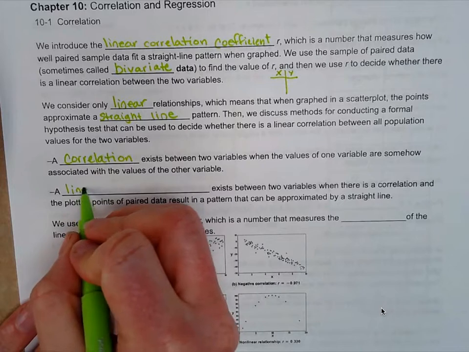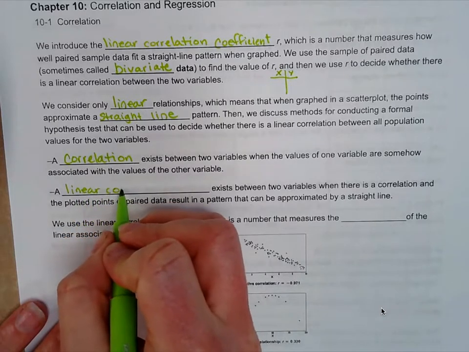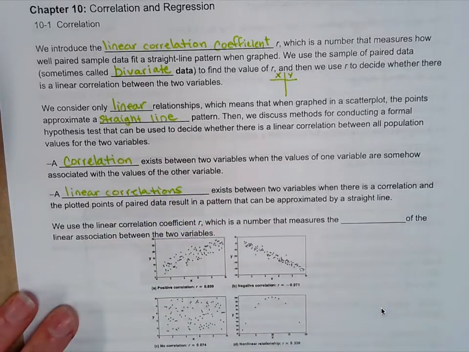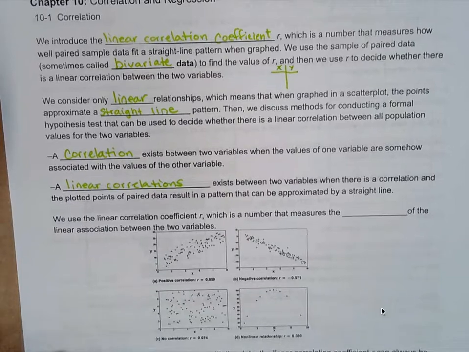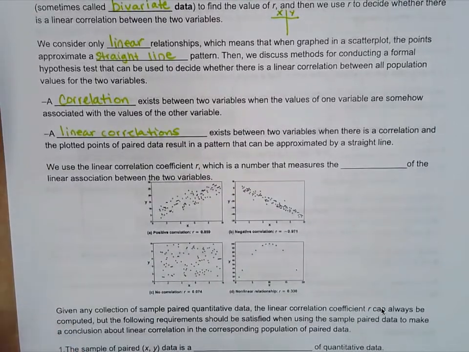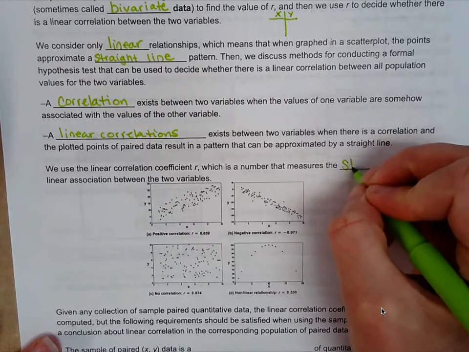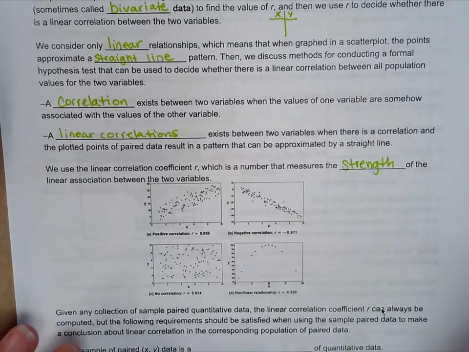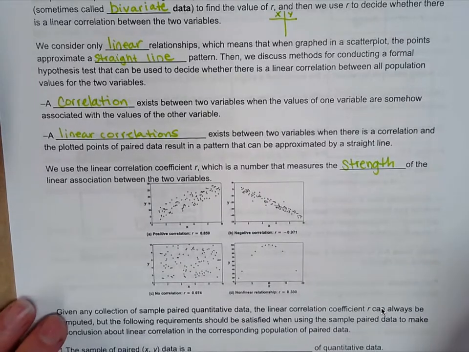A linear correlation exists between two variables when there's a correlation and the plotted points of paired data result in a pattern that can be approximated by a straight line. We use the linear correlation coefficient R, which is a number that measures the strength of the linear association between two variables.